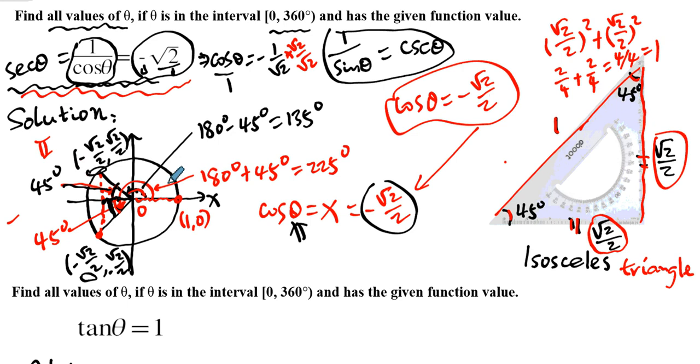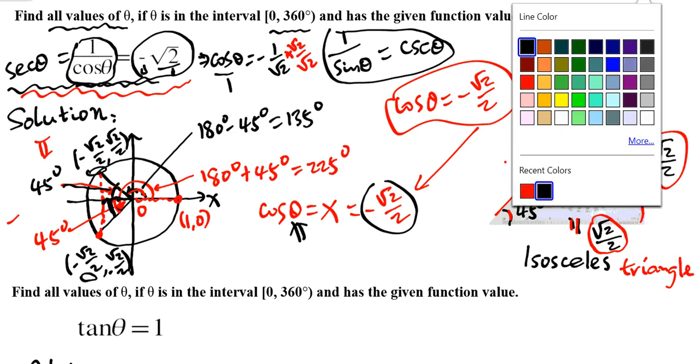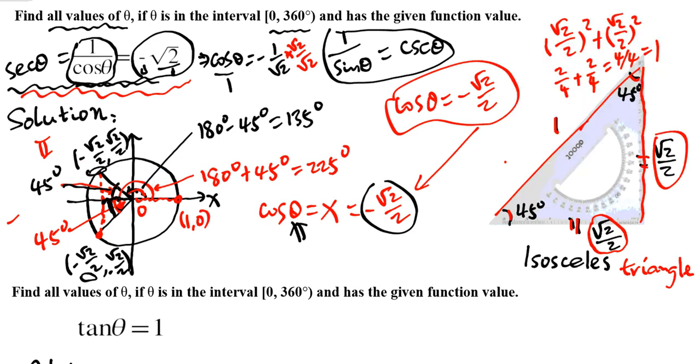The first angle that we marked in black will be this angle. That will be a straight angle subtract 45 degrees, which gives us 135. Then you will have a terminal side, this line.